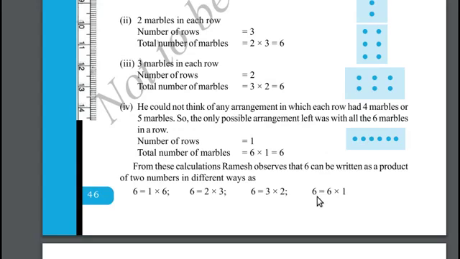From these calculations, we can conclude that a number can be written as a product in different ways. 6 is equal to 1 times 6, or 2 times 3, or 3 times 2, or 6 times 1.